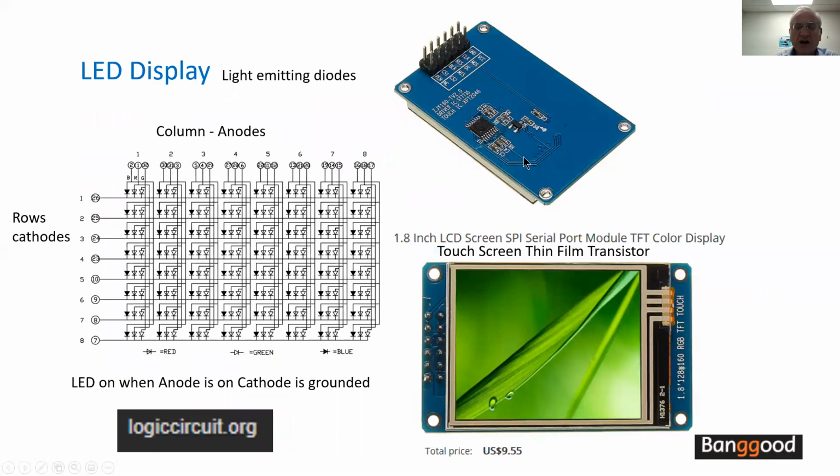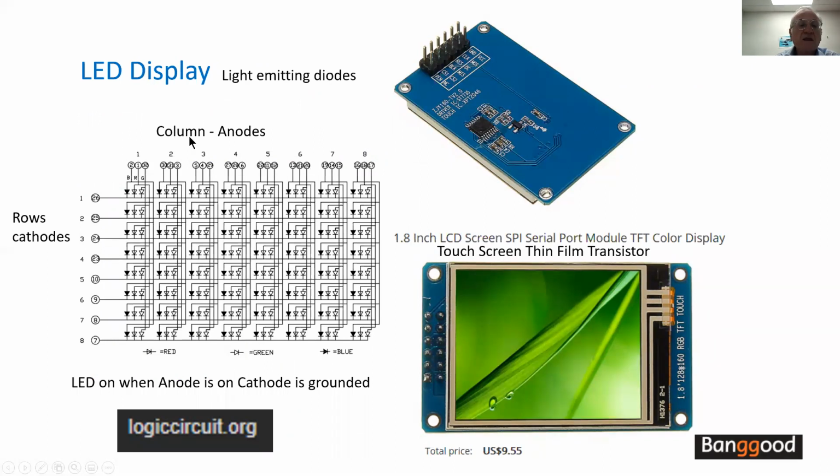LED displays are very common. We see here an example of displays. This is a 1-inch LCD touch screen, a thin film. And over here we see the principle. We have the light emitting diodes at the intersection of the rows and columns.